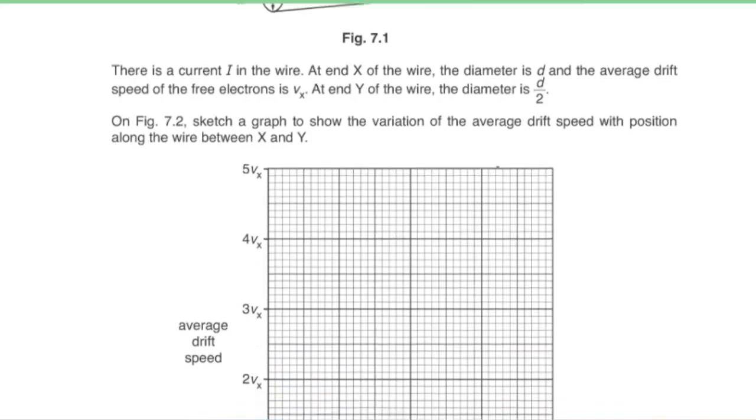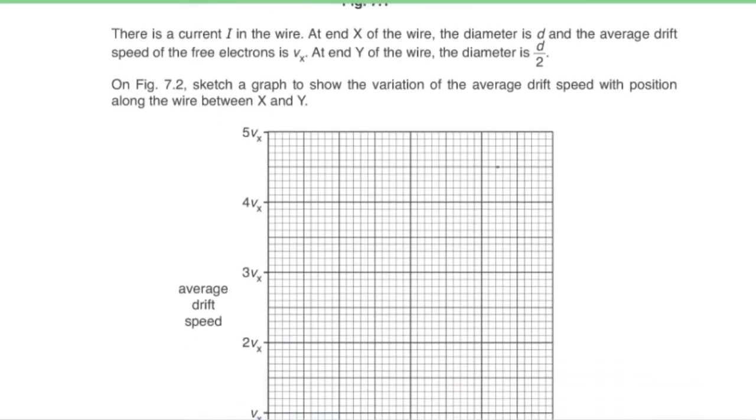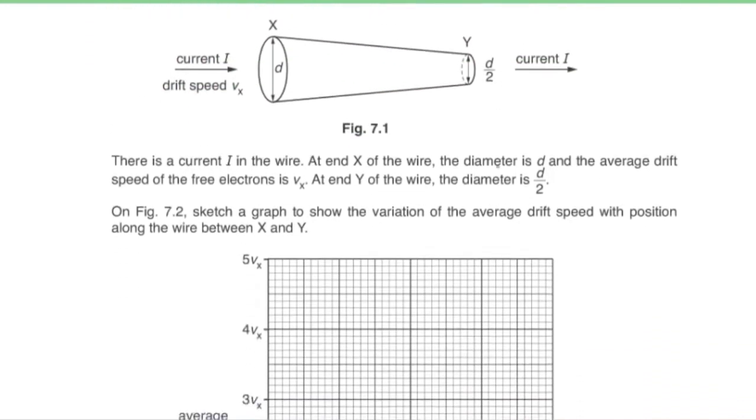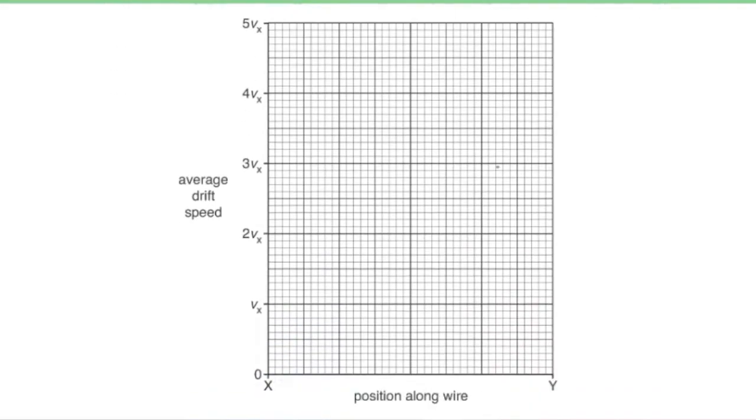On figure 7.2, sketch a graph to show the variation of the average drift speed with position along the wire between X and Y. So at end X, the average drift speed is 1 Vx. So let me mark over here. And Vx should increase with decrease in diameter as we move along XY because area is inversely proportional to average drift speed.